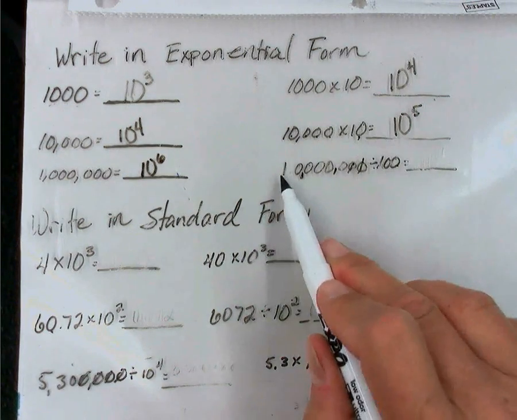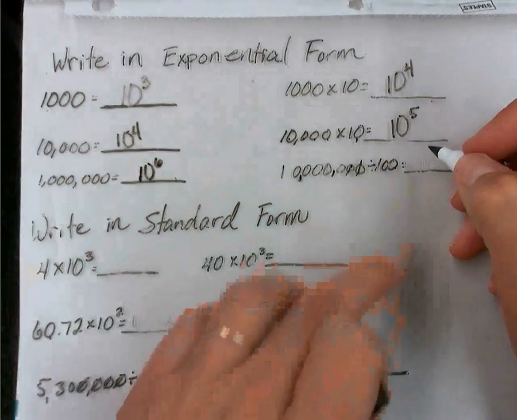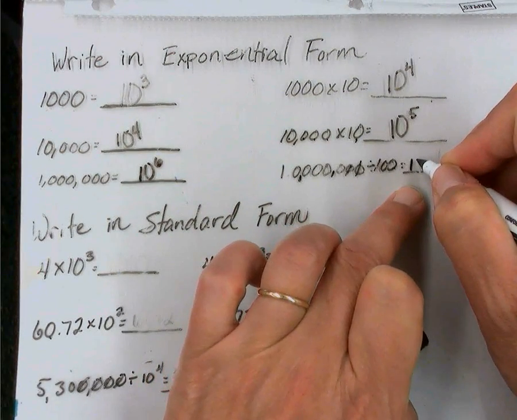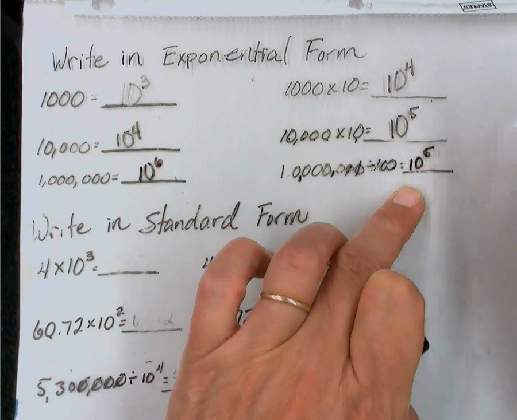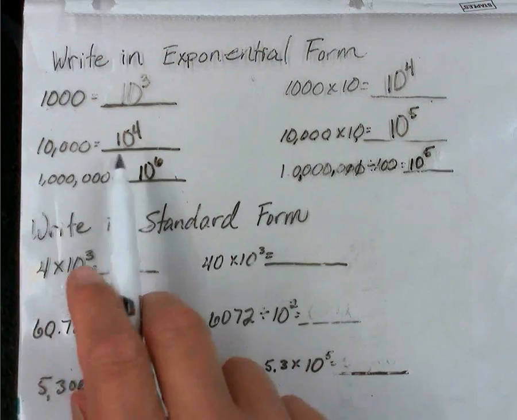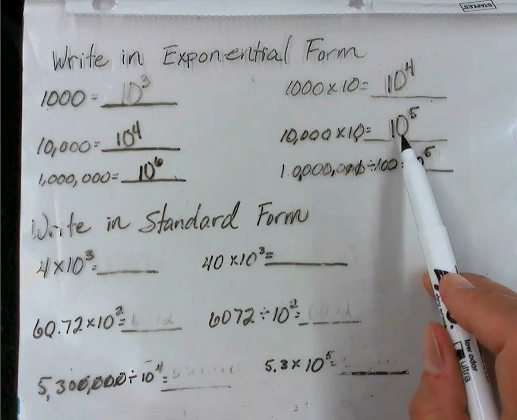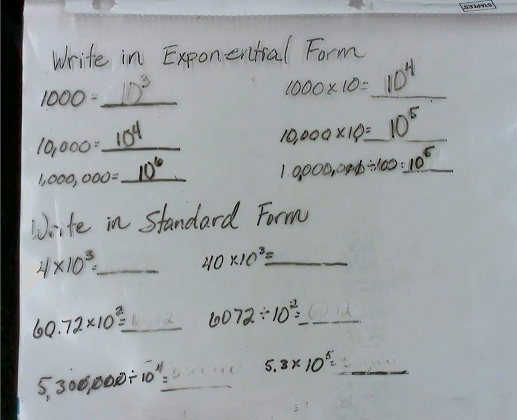Now we've got 1 and 1, 2, 3, 4, 5 zeros is our result. So if we have 5 zeros, it's going to be that. And so that is going to match this one where we've got 10 to the 5th. So we've got 1, 2, 3, 4, 5 zeros on that one too. So they kind of match up.